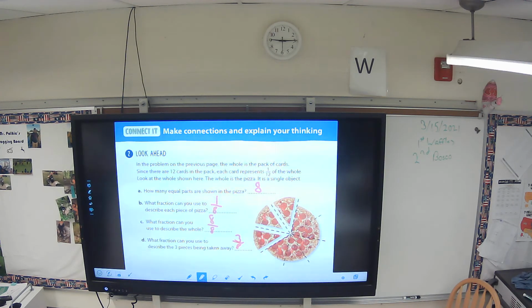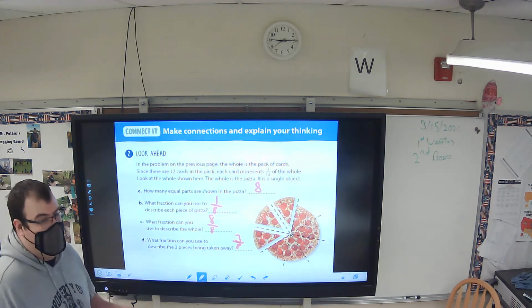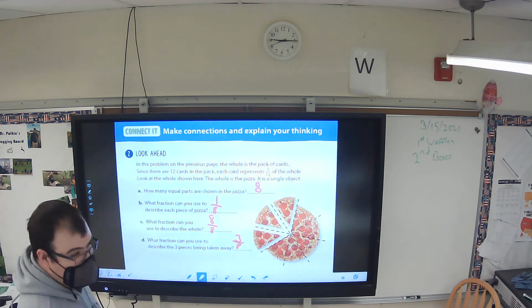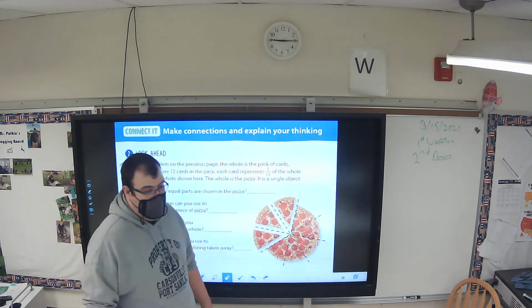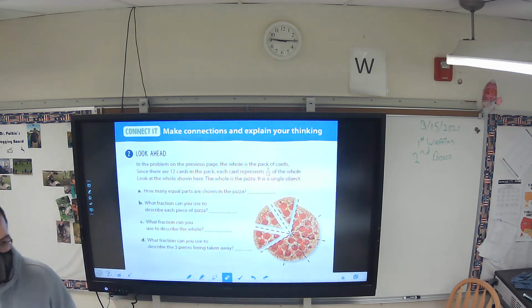That would tell you how many are left. They wanted to know what fraction can you use to describe the 3 pieces being taken away. You describe the ones being taken away, not how many are left. Does that make sense? Any questions on any of that? That's pretty easy stuff, right?